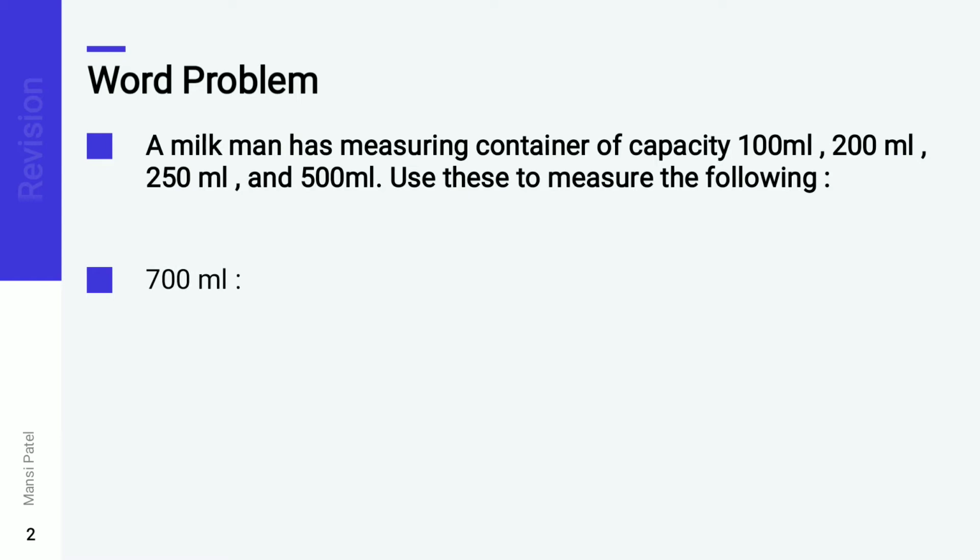Which capacity sums to 700? 500 milliliter plus 200 milliliter is equal to 700 milliliter.